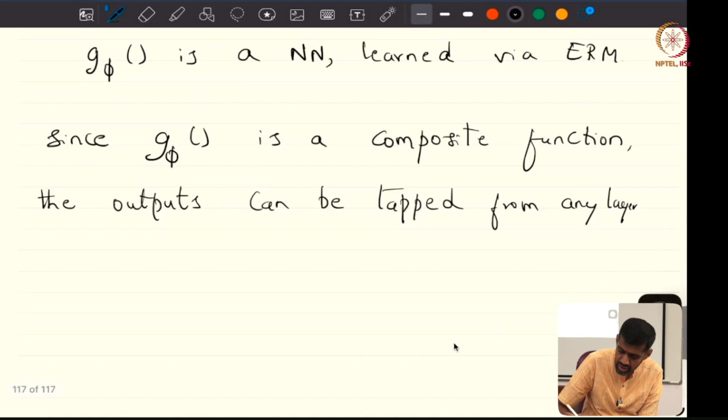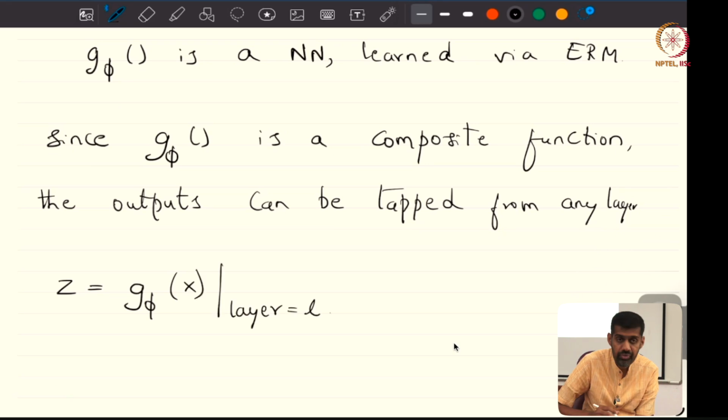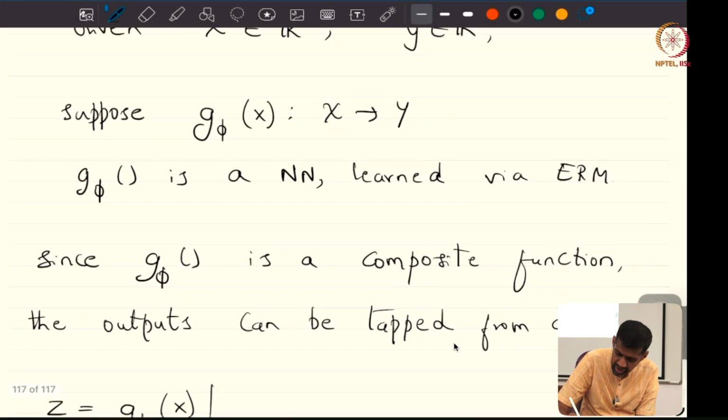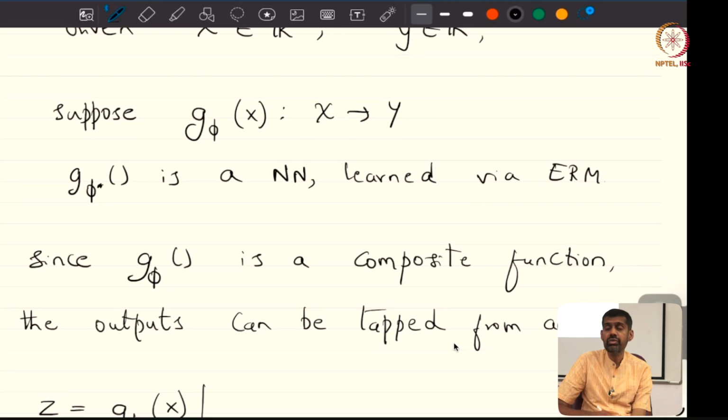Now I will define Z to be G phi of x at layer L. I can write this as G phi star, denoting that star is the set of parameters that you have gotten after performing ERM. Of course, ERM is training.